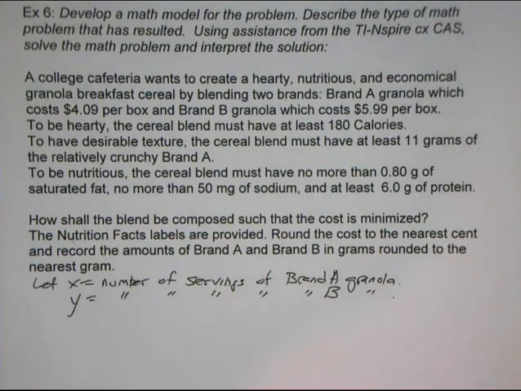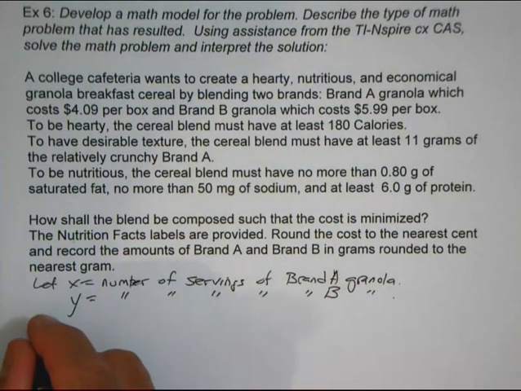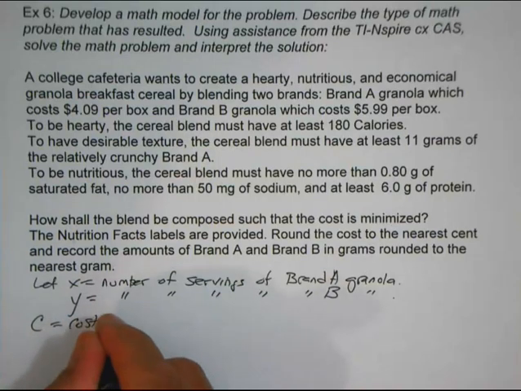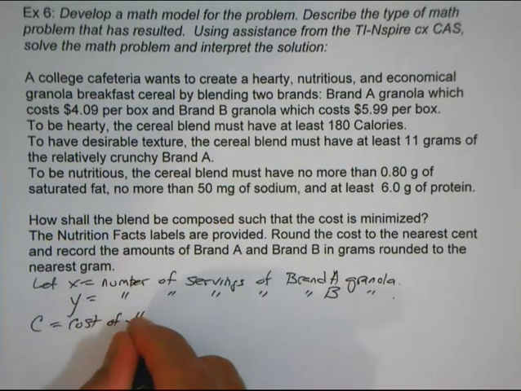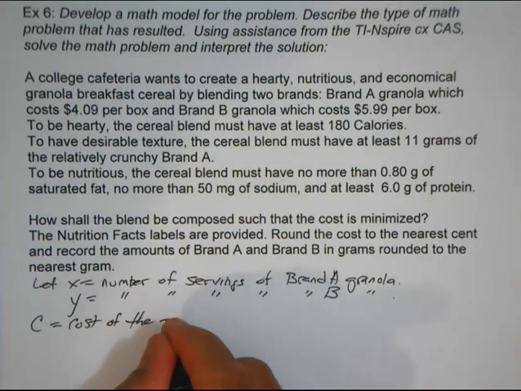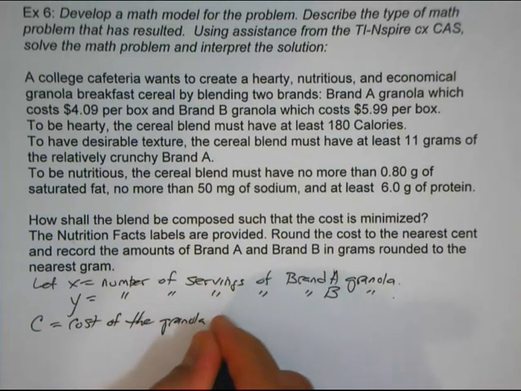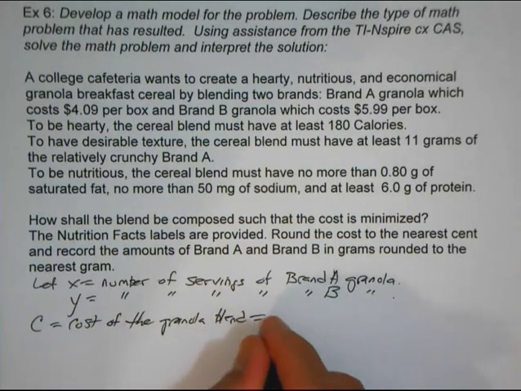Now the key quantity, the quantity we are most interested in here, is the cost of this breakfast. Of course, we'd like to make the cost cheapest, so let's define C to equal the cost of the granola blend, and let's try to formulate that.